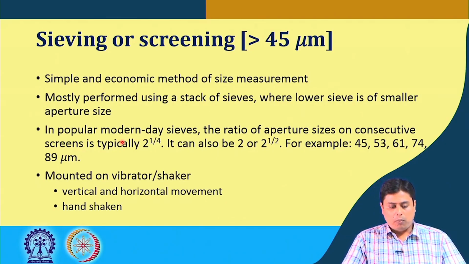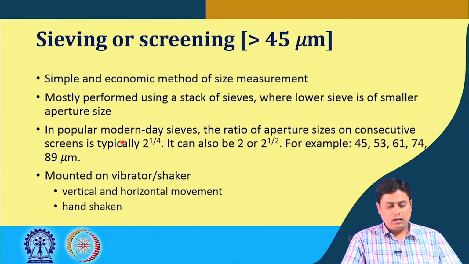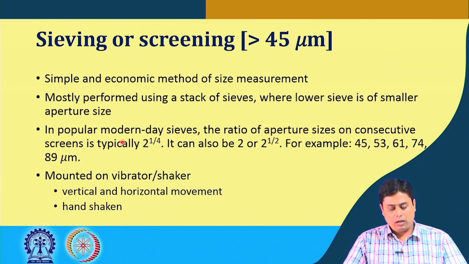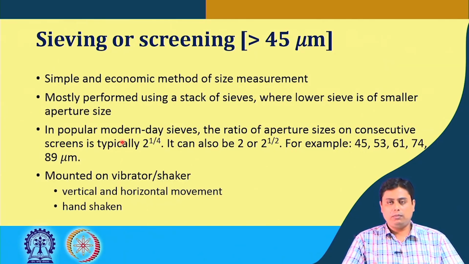Solid particles go through an aperture if they are smaller than the aperture size, and those that are bigger are retained as the overflow of the screens, while whatever passes through we typically call the underflow.